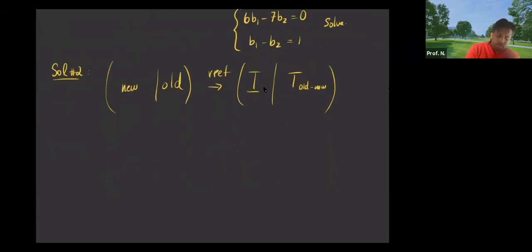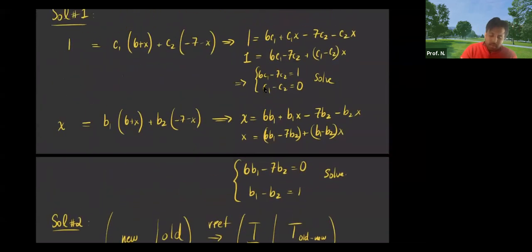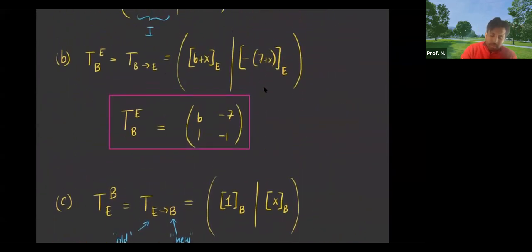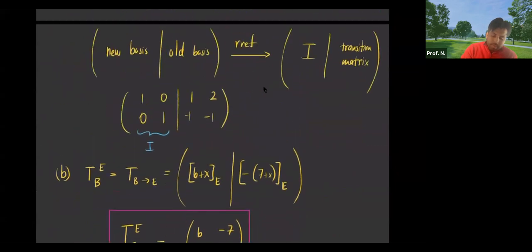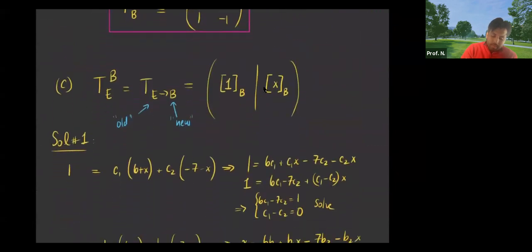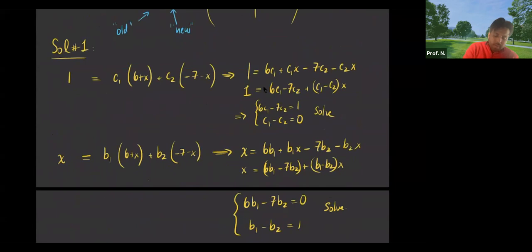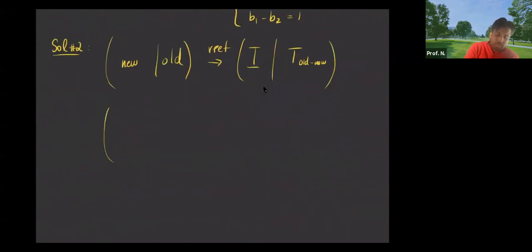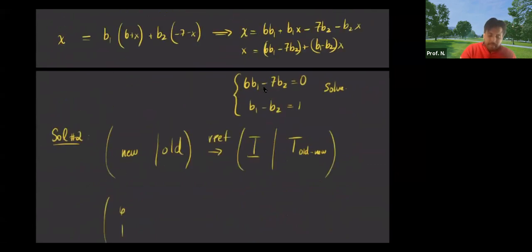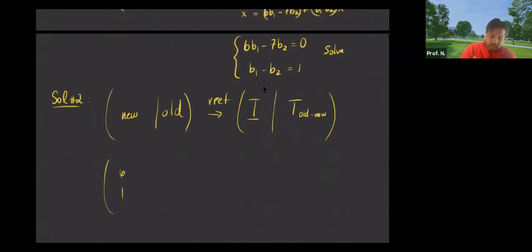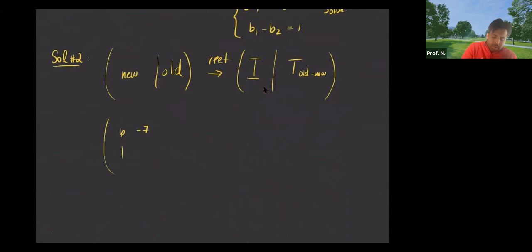And now what's the new basis? Well, what are my values here? 6 and 1. So I'm treating it as a vector, right? 6 and 1. And then I'm treating this as another vector, -7, -1. And then the old is 1, 0, 0, 1.